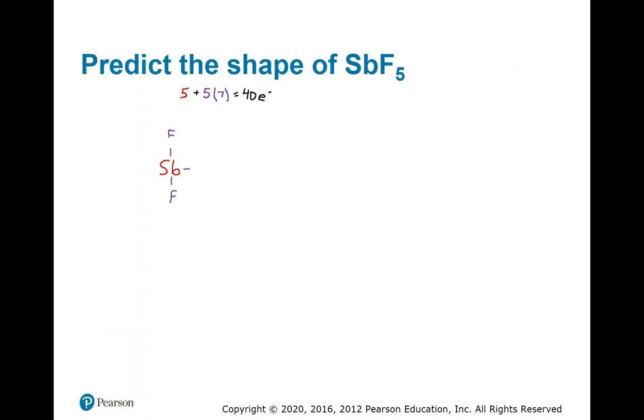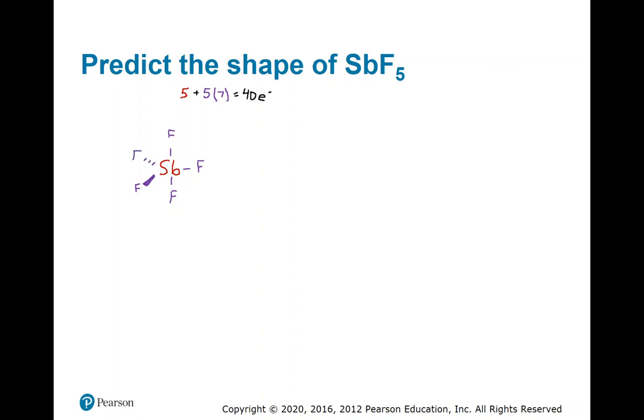And I happen to already know what the correct shape of this molecule is going to be, so I'm going to draw it a little bit presumptuously so that when we get to the point where we predict the shape, it'll be clearer exactly what this looks like.